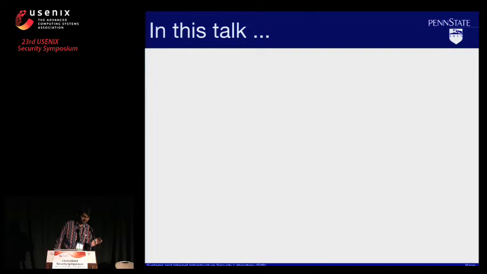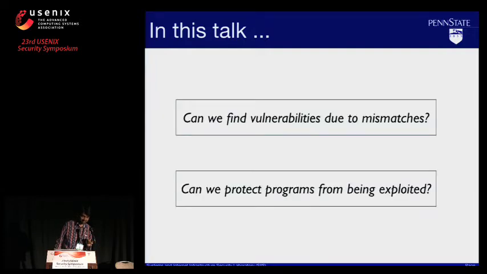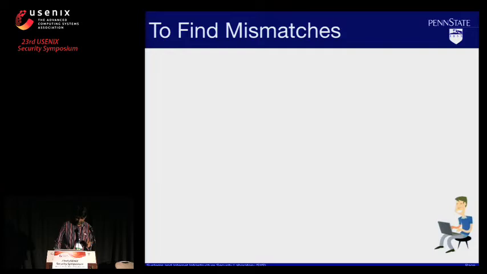So in this talk, we will answer two questions. The first one is, can we find the mismatches in programs due to expectations? And secondly, can we protect programs in any automated manner? So let's look at the first question.